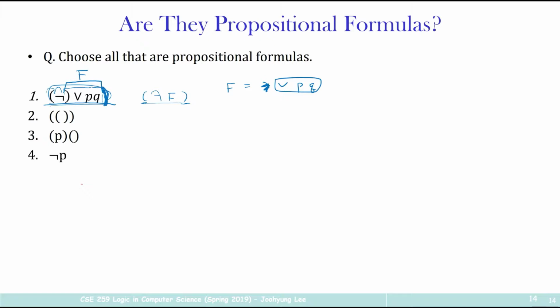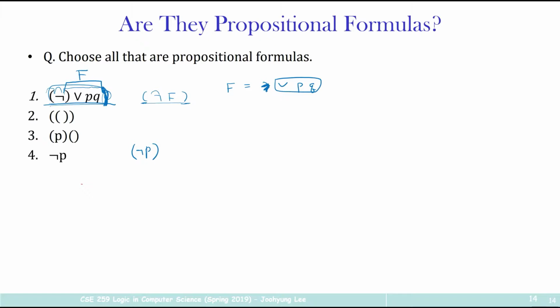Because we can't prove that P exists. P is a formula, and there's no parenthesis, right? In order to have negation, according to the rule that we just talked about, if P is a formula, then we can write another formula by putting negation and also putting open and closing parentheses.